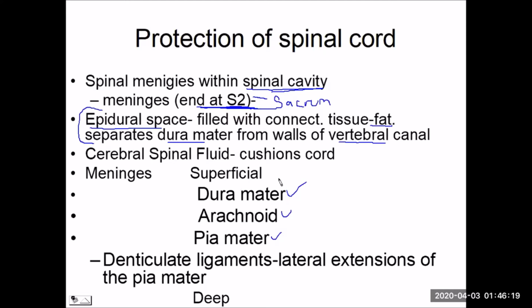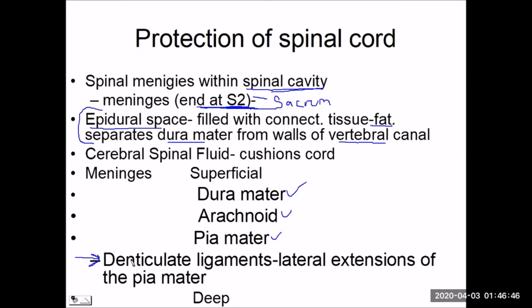And again, spelling out the orders. And the good news is, just like the brain, the same orders. So starting at the more superficial dura mater, moving deeper into the arachnoid mater, the deepest layer, the pia mater. And now a unique feature of the pia mater, unique to the spinal cord, are these denticulate ligaments.